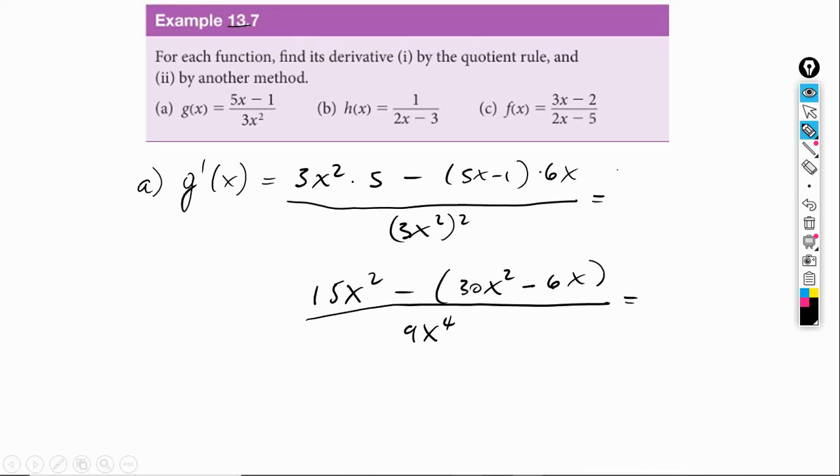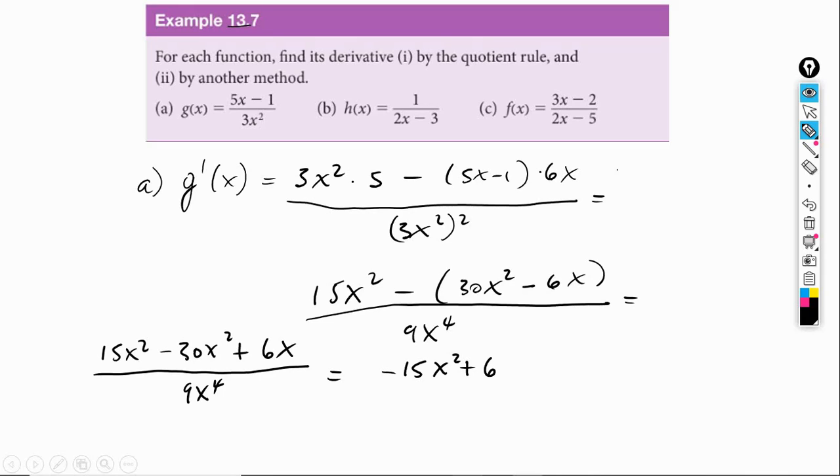And then we can simplify this more. Let's do it over here. This is going to be equal to 15x squared minus 30x squared plus 6x, all of this over 9x to the 4. And this is equal to negative 15x squared plus 6x over 9x to the 4.